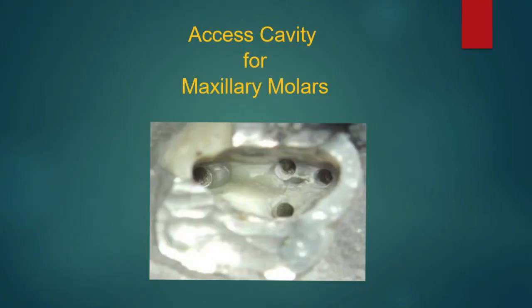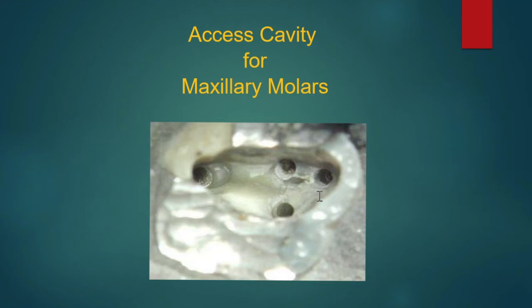All right, now let's move on to the maxillary molars. Let me talk in the beginning about the maxillary first molar, which is the most complex tooth because it almost always has four canals, and the access cavity will have a rhomboid shape, with the corners corresponding to the four orifices.